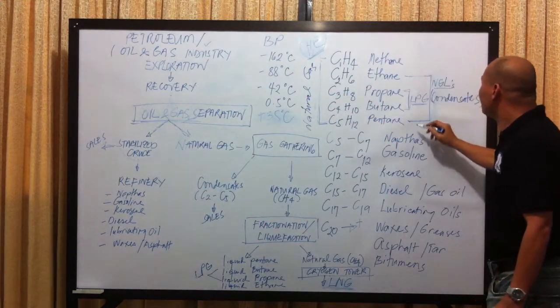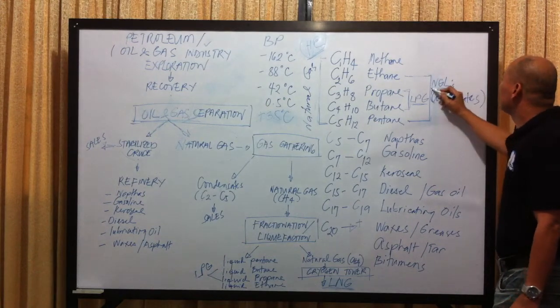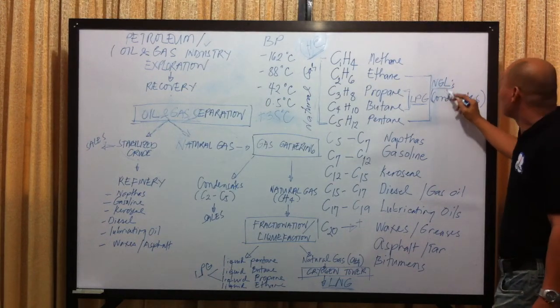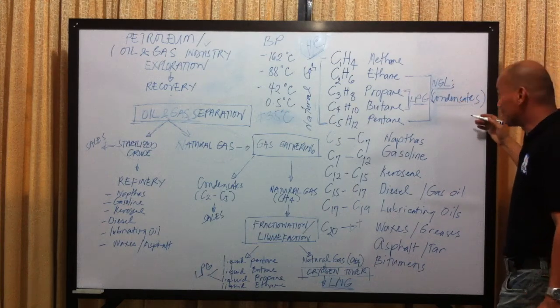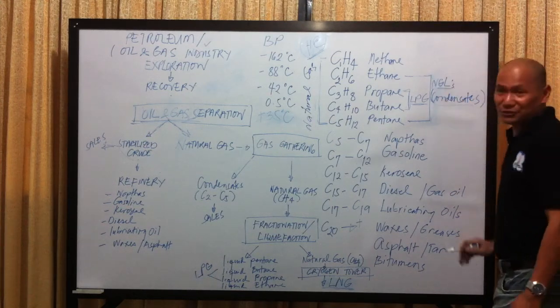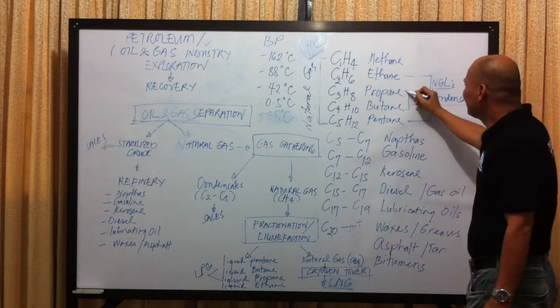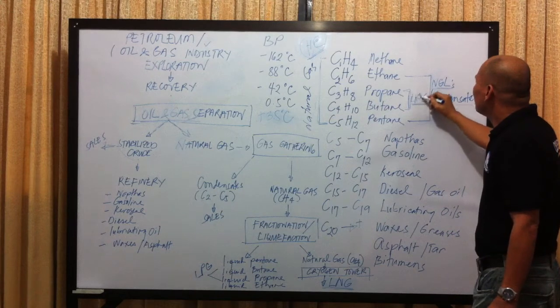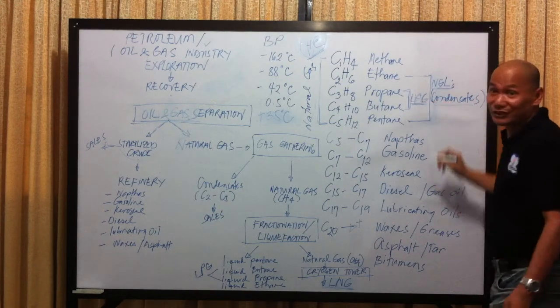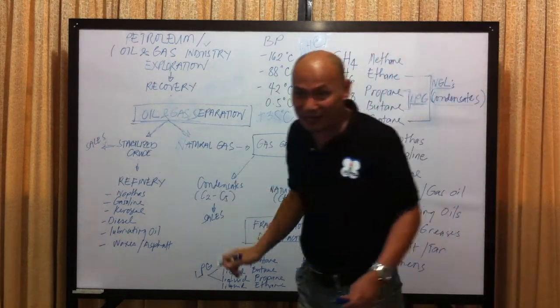C2 to C5 are called NGLs, natural gas liquids, or commonly known as the condensates. And C3 to C4, propane and butane, give us LPG, or liquefied petroleum gas.